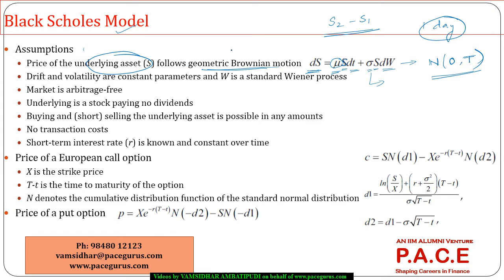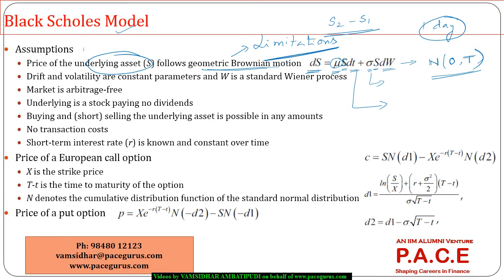So what it says is the price of an underlying asset follows a geometric Brownian motion. Only if the price follows a geometric Brownian motion, then only the Black-Scholes model is applicable. And if the price does not follow a geometric Brownian motion, then this Black-Scholes model will have its own set of limitations. Right? So that's one more thing we have to be comfortable with.